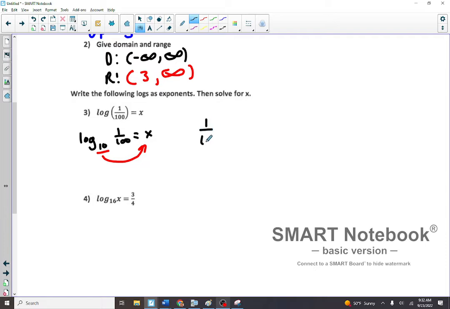So we get 1 over 100 equals 10 to the x power. Then you ask yourself, how do I get to the denominator? I need it to be a negative. And then I need 10 to become 100. So that'll be 2. So the exponent here would have to be negative 2, which means x equals negative 2.